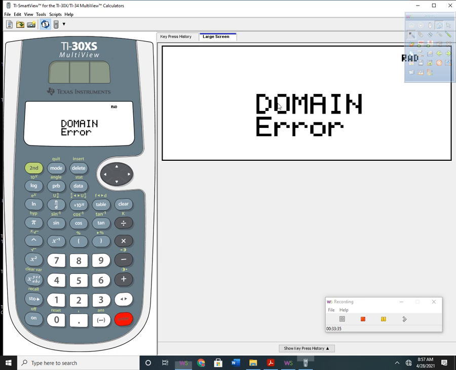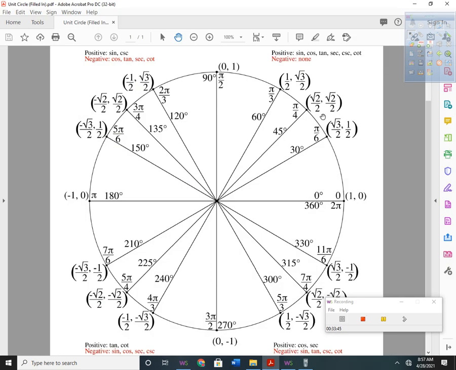It gives me an error because there's not an output for that. Okay? So let's say that you're looking on your unit circle and you're like, okay, this number is not on here, because it should be on there, right? It's not on here. Check it in your calculator. If it gives you that error, then you know that maybe you were trying too hard and there's really not an output for that.